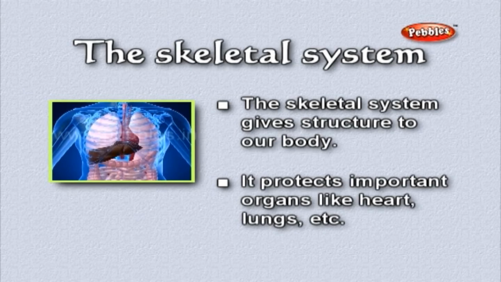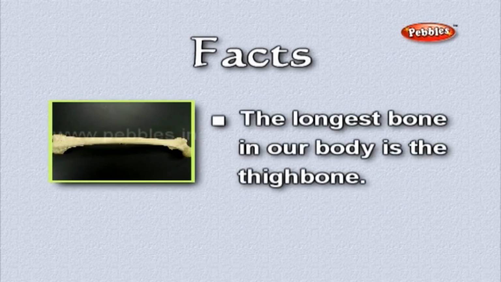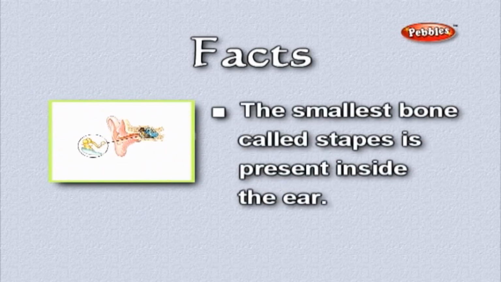It protects important organs like heart, lungs, etc. Facts. The longest bone in our body is the thigh bone. The smallest bone, called stapes, is present inside the ear.